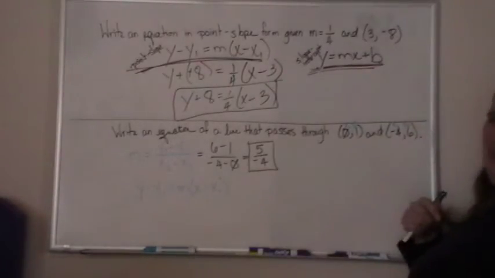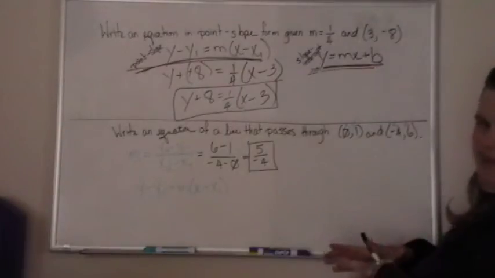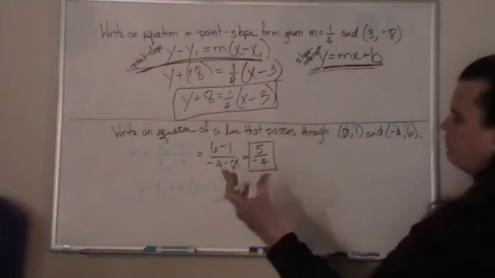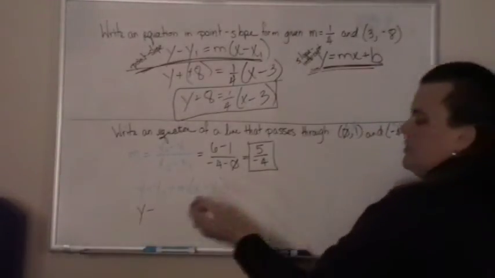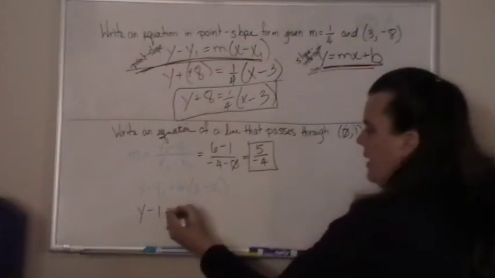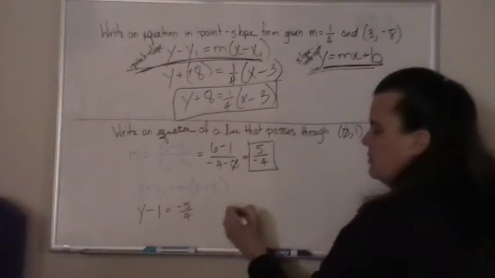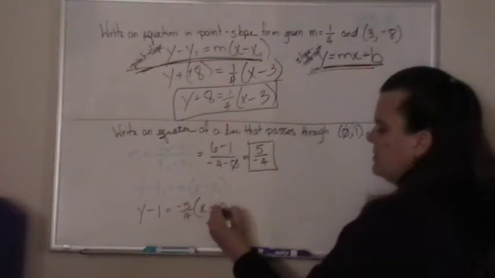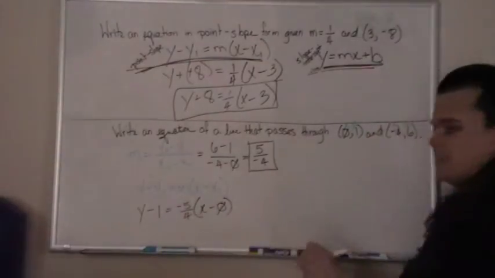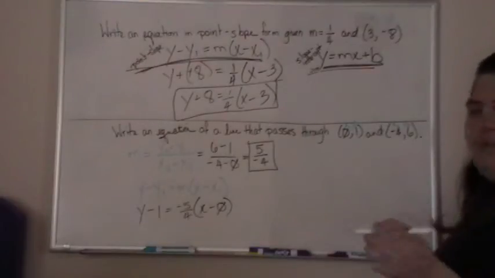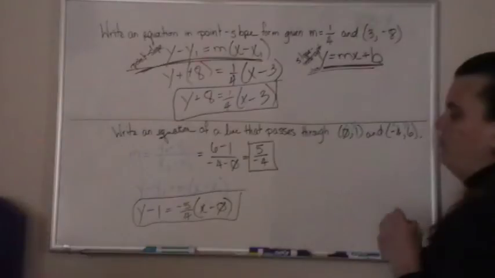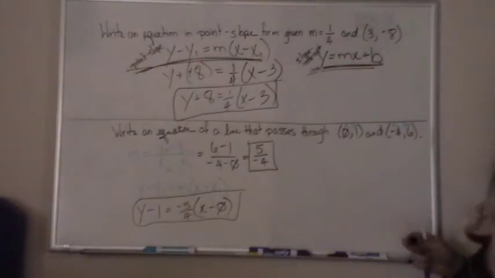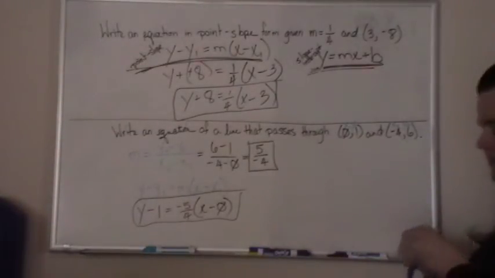Since I need an x1 and a y1, I'll just go ahead and use that first point that I labeled. So I would take y minus y1 is a 1 equals negative 5/4 times (x minus 0). Well, it's in point slope form. So if I want in point slope form, I'm done at this point. But since my instructions didn't specify, we're going to go ahead and turn it to slope-intercept form.